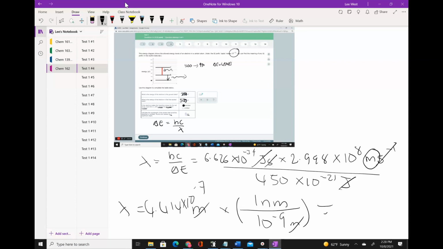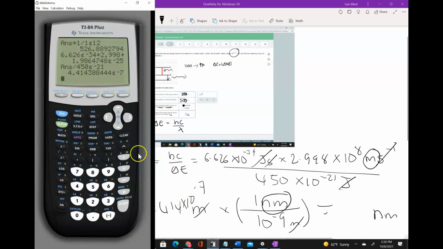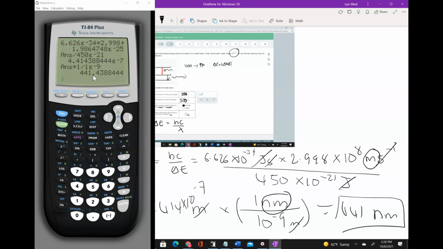You see meters will cancel and it'll leave me with nanometers, which is what they wanted. So let's see what we get now. Times 1 divide 1, second function E, minus 9. There we go. There it is, 441 nanometers to 3 sig figs.